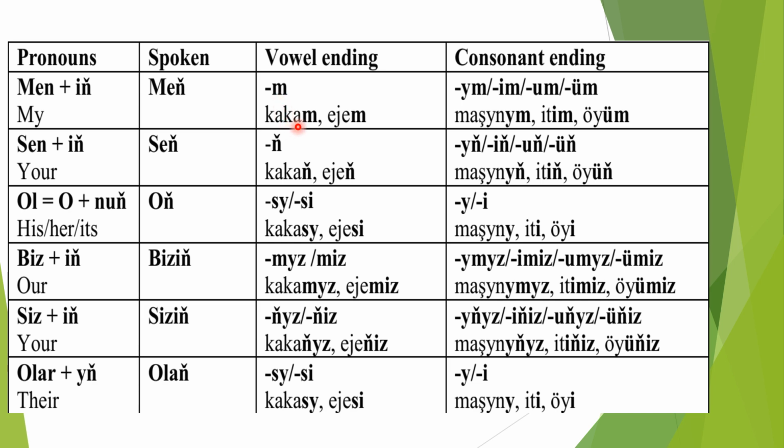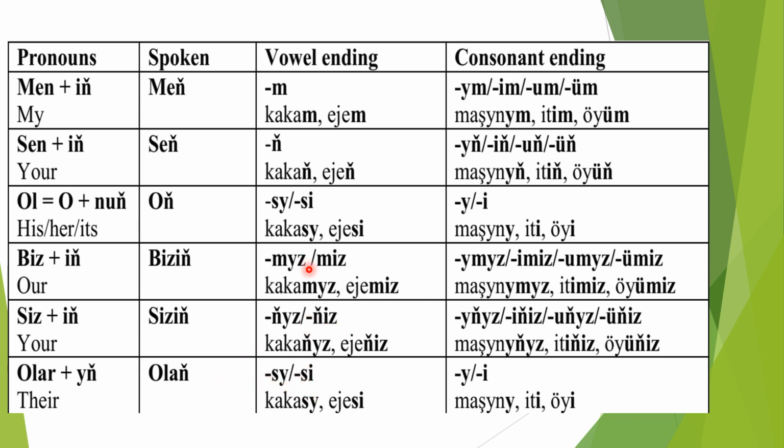The last letter is a vowel, so we need to add the vowel ending. And every pronoun has its own suffix. Pay attention: meniň, m; seniň, ň; onuň, sy; biziň, myz; siziň, ňyz; olaryň, sy.